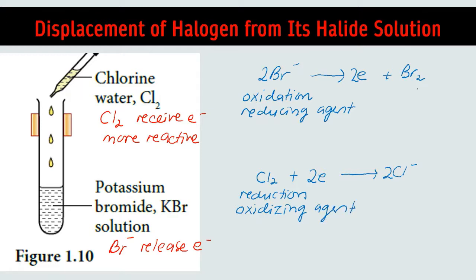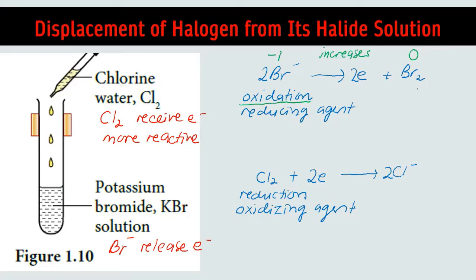We have explained the redox reactions using a transfer of electrons. How about the changes in oxidation number? If we look at the half equation for the oxidation, the oxidation number of bromine in bromide ion changes from -1 to 0. The oxidation number increases.